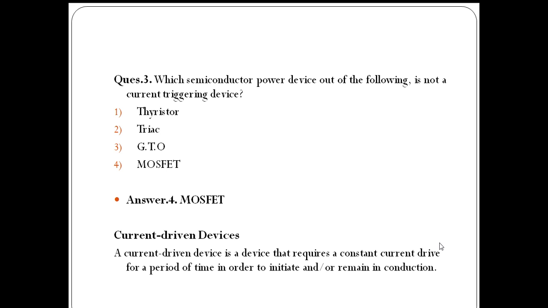Which semiconductor power device out of the following is not a current triggered device? Option 1 thyristor, option 2 triac, option 3 GTO, option 4 MOSFET.